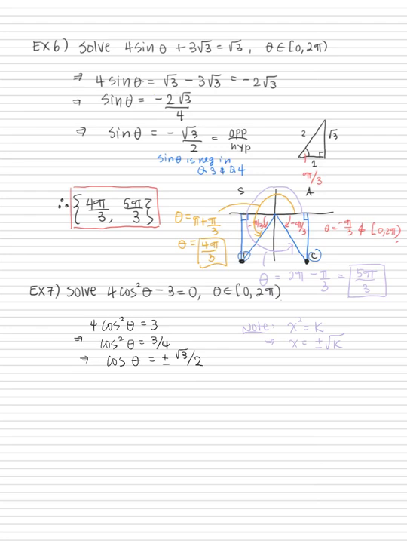Cosine is adjacent over hypotenuse, or you can just memorize the chart if you want to. So the adjacent side has square root of 3, hypotenuse is 2. So again, this is a 30, 60, 90 triangle. So our reference angle is going to be pi over 6. Okay, so keep that in mind, and let's take a look at the quadrants.